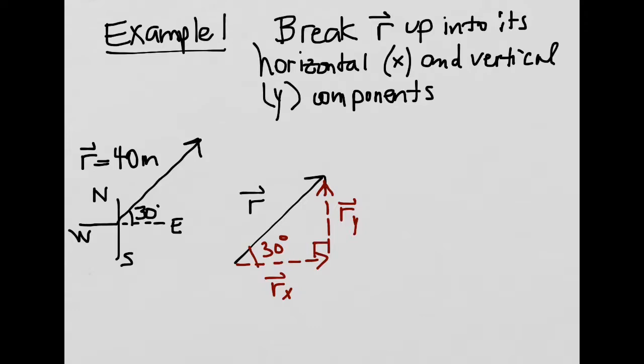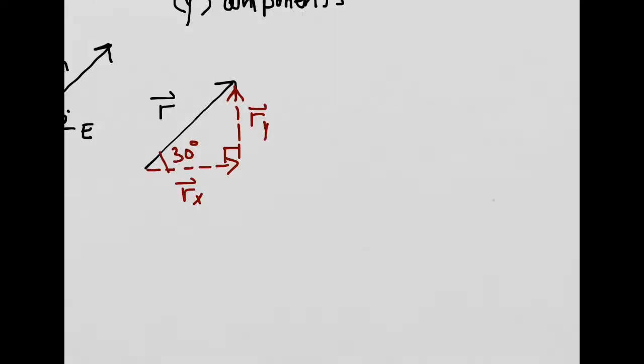So that makes us a little right angle triangle, and we're going to be able to use trig to determine our x and y components. So let's put in our value for R. That's 40. I'm not going to worry about units at this point.